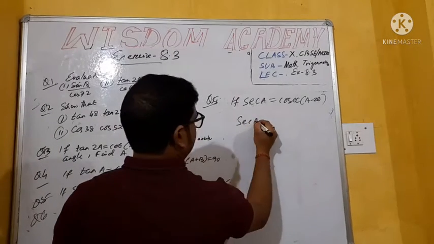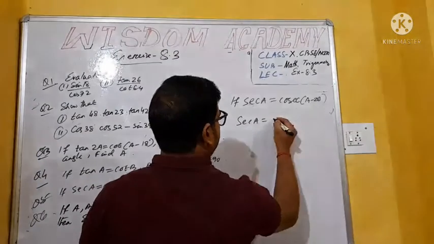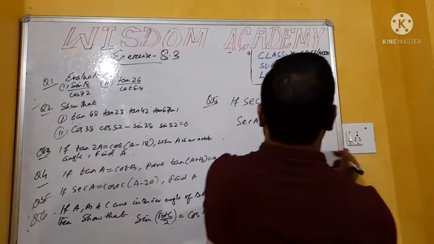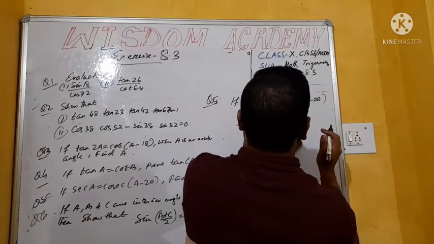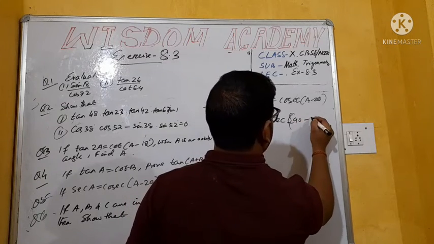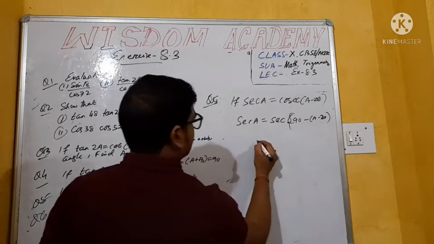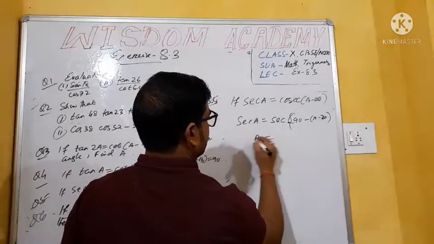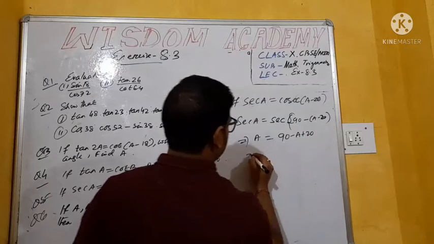We can write cosec of a minus 20 as sec of 90 minus a minus 20. Both sides sec are present, so a is equal to 90 minus a plus 20.